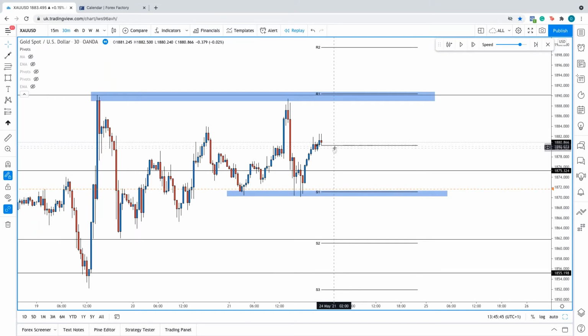I think that planning is extremely important, and something that I do once the trading session closes at 10 p.m. is plan ahead for the next trading session. Where are the key levels that I'm looking to buy or sell, and do I have any confluence at those levels? And the pivot points do provide further assistance for that.